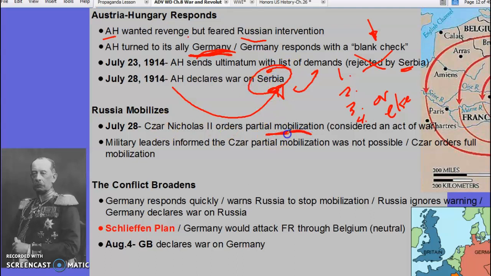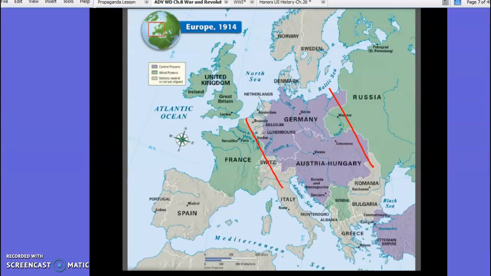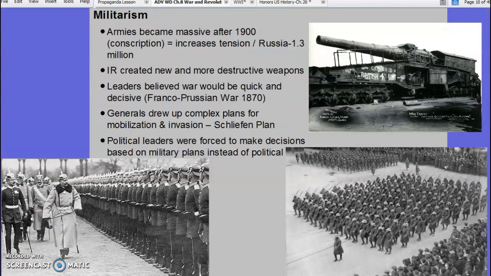Russia starts mobilizing troops. If we look back to the map, Austria-Hungary declares war on Serbia. Russia is angry, starts mobilizing troops to the border just in case a war would happen. They could not do a full mobilization. Germany starts getting a little nervous at troops. Austria-Hungary starts getting a little nervous at troops.